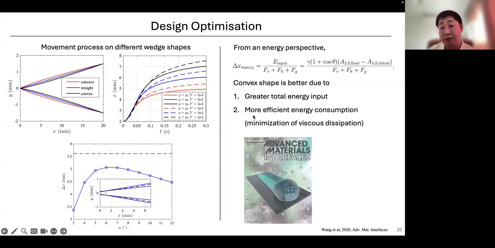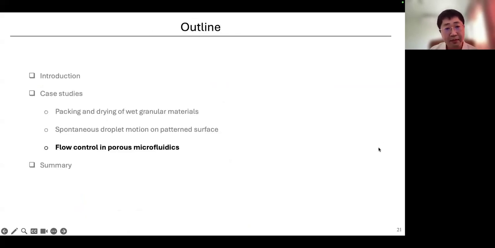And then there's also more efficient energy consumption, so our conclusion is convex shape should be preferred compared to straight edge. So that's the second part, droplet movement. And then the third part is about flow control in porous microfluidics.